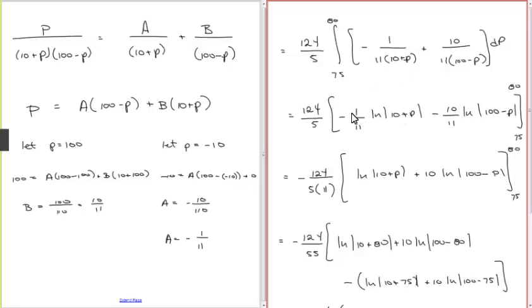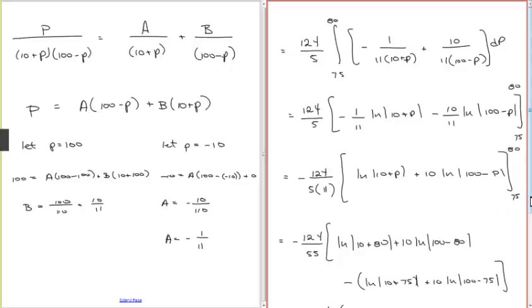And then what I did is, so we had negative 1/11th, which we factored out here, and the integral of dP over 10 plus p is the natural log of 10 plus p, and the integral of dP over 100 minus p is negative the natural log of 100 minus p. And then we evaluated it at the upper and lower limits. We also factored out a negative 11th, so that became 1, and this became positive 10.